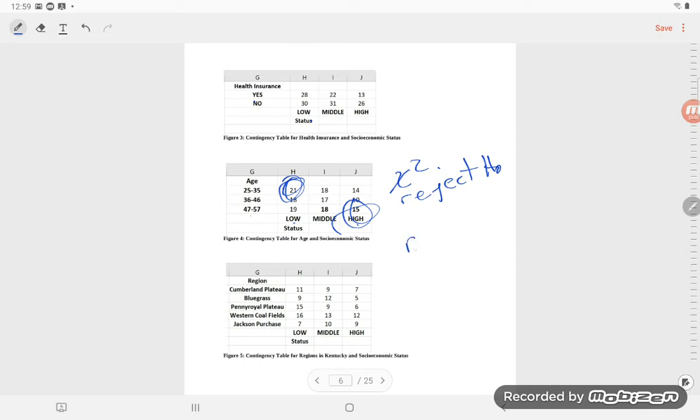So if I did the response variable with the explanatory variable, and then the response variable with the confounding 1, response, confounding 2, response, confounding 3, if I looked at all of those, and then also looked at the explanatory with each of those. Okay, so I had 4 there.